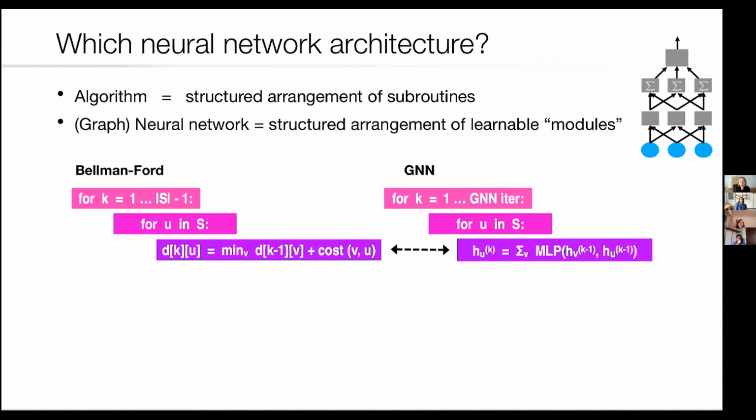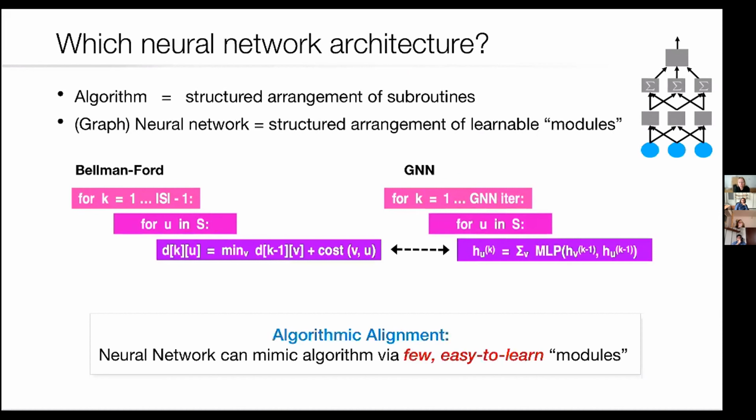So now the idea is that all you really have to learn, in principle, is that your sum and the MLP have to learn a min and a plus over the neighbors, which is a much simpler function to learn than the full algorithm by itself, the full black box. This kind of idea, we call algorithmic alignment.